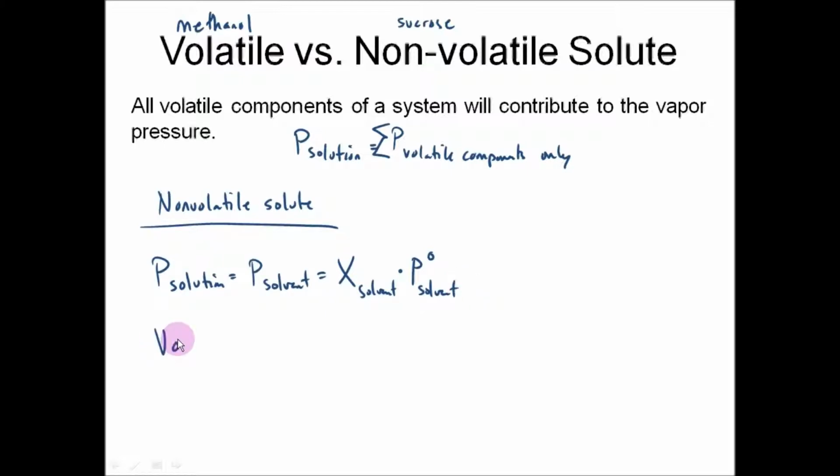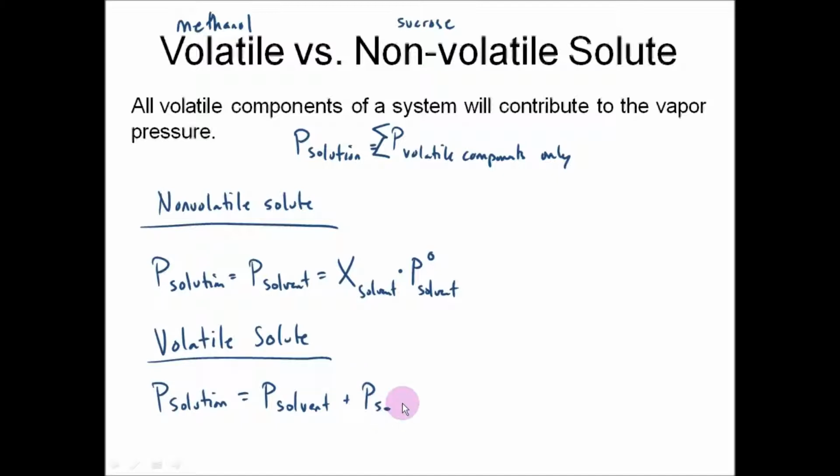On the other hand, though, we could have a system composed of a volatile solute and a volatile solvent. We're going to assume the solvent in this case is always volatile. So if our solute is volatile, then when we go to calculate the vapor pressure of the solution, we have to add the vapor pressure of the solvent and the vapor pressure of the solute.